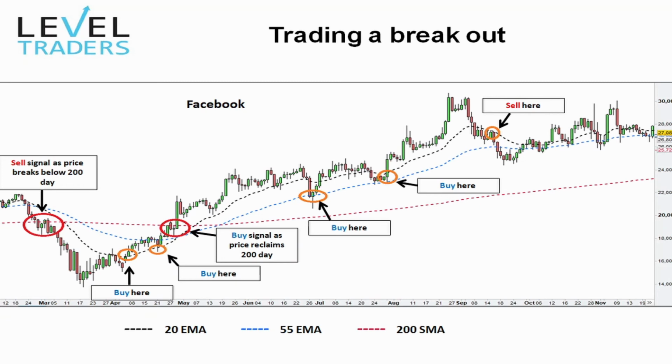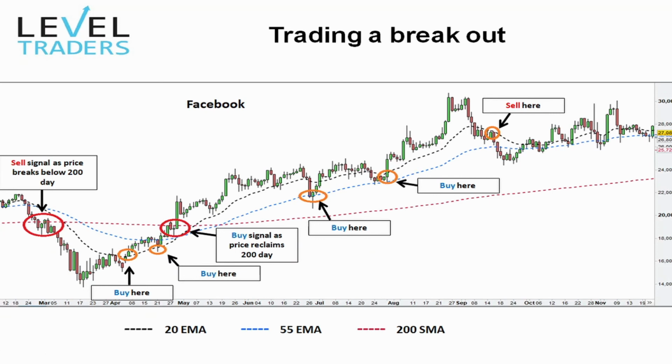For the short term, I've gone with the exponential moving average because the EMA tends to react quicker to price. Whereas for the longer term, I've gone for the SMA. So a very simple trading strategy here would be, if you take the 2 red circles I've highlighted, all that is focused on is the 200 simple moving average.